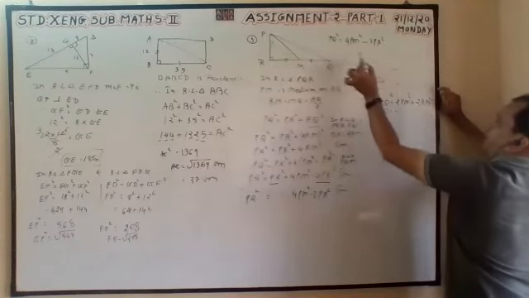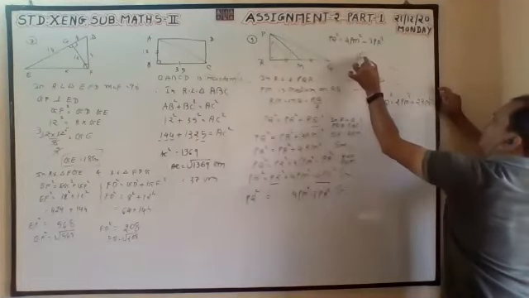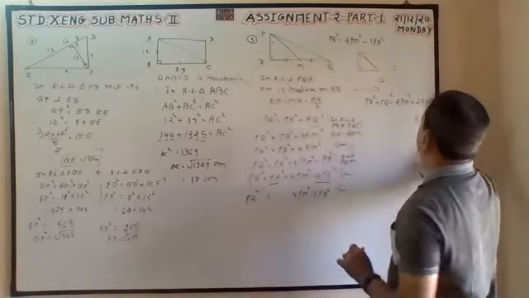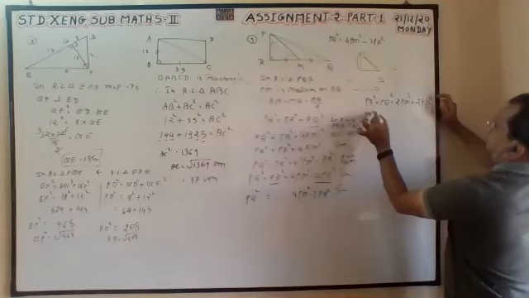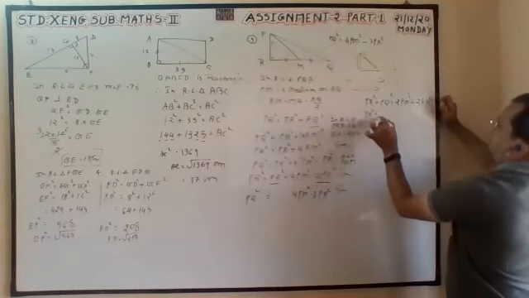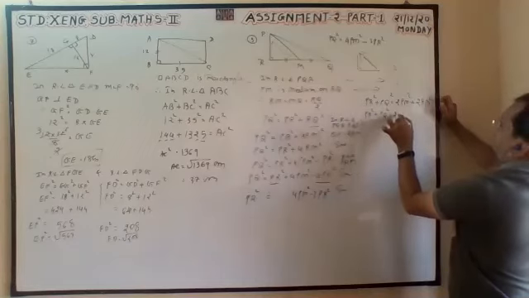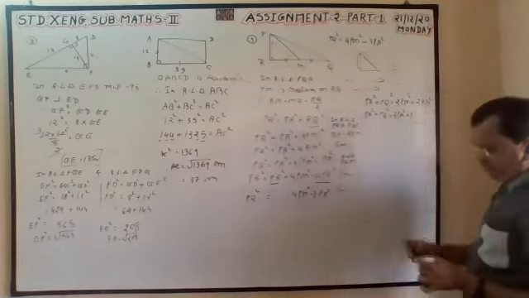When this is a median, square of this plus square of this is equal to double of square of this, double of square of this. This is a formula. So PR square we want, yes we want. PQ square we want, yes we want. PM we want, yes we want. This we don't want.